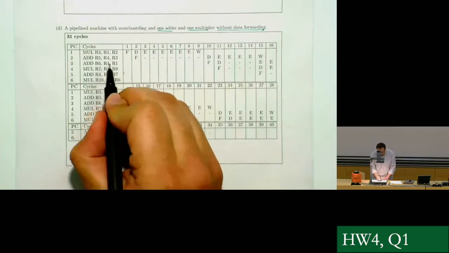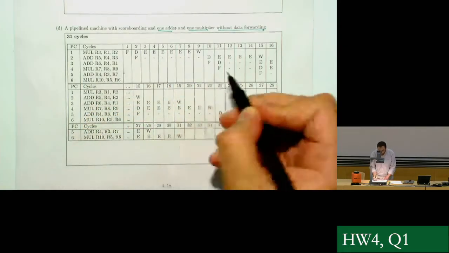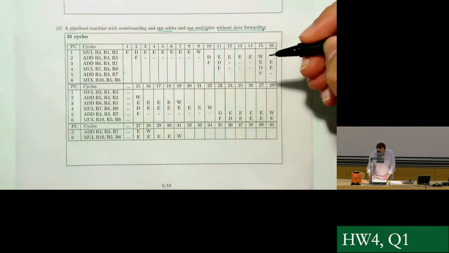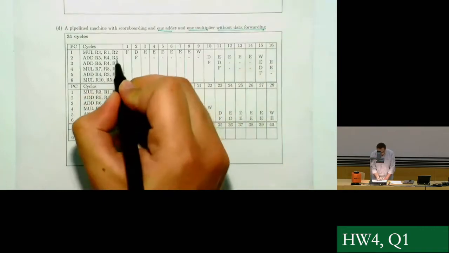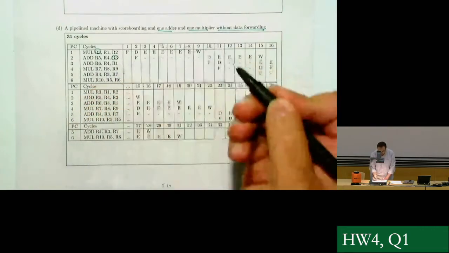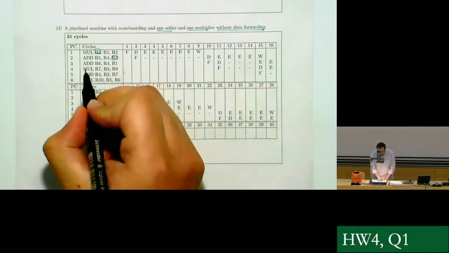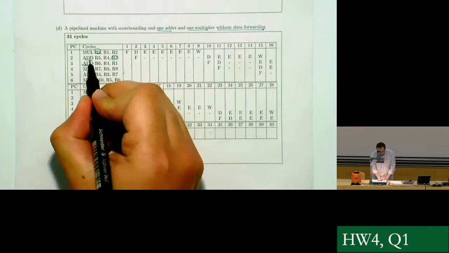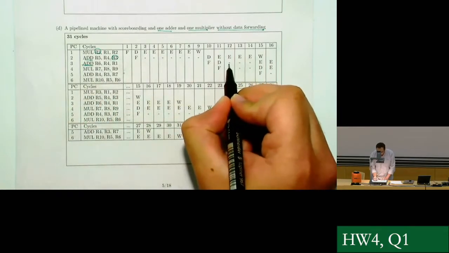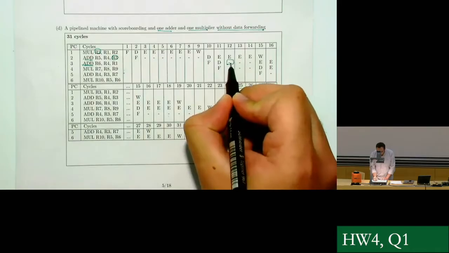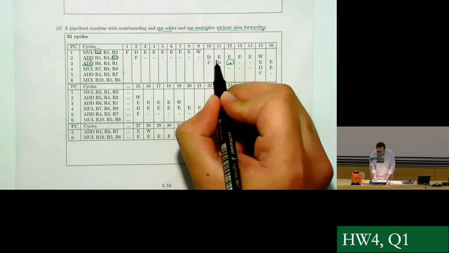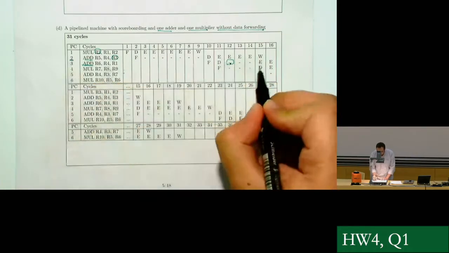Here, what matters is that this R3 part is exactly as in the previous part of the question. But when we have the second add here, we cannot start executing because at this cycle, the adder is being used by the second instruction.